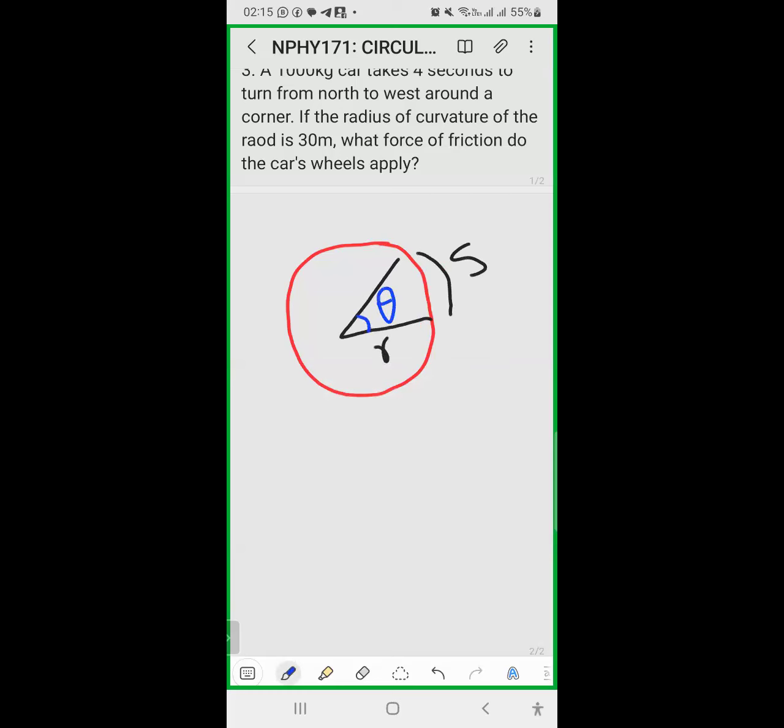So this angle theta here is what we refer to as the angular displacement, the angle through which a point has been rotated in a specific sense.